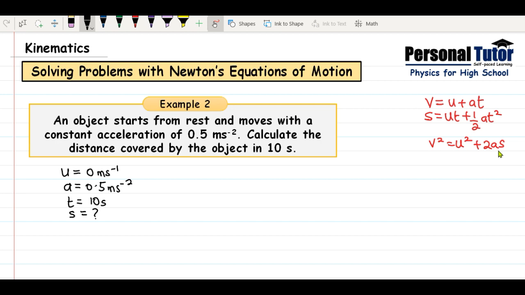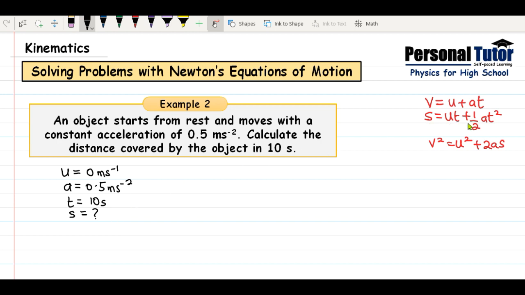Which of these equations can help us get what we are looking for? If we use equation 3, you need v, which is not given. u is given, a is given, to find s. So long as v is not given, equation 3 does not qualify. Now equation 2, s is what we are looking for.